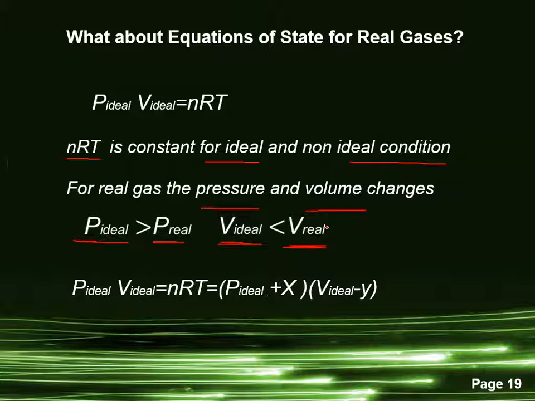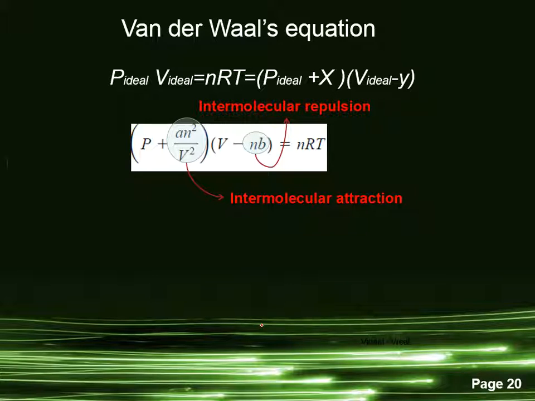So we need to add some number to the pressure of the real gas to get the ideal pressure. Likewise, we need to subtract some number from the real volume to get the ideal volume. Van der Waals in 1873 modified the ideal gas equation to give the Van der Waals equation. He defined X and Y in the above equation.